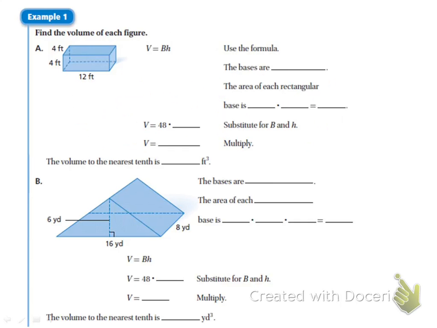Okay, number 1, find the volume of each figure. Use the formula. Dylan, can you tell me what the polygon is for A? A rectangle, which means it's a rectangular prism. Excellent. So we're going to use the formula. The bases are rectangles. So we're going to look at the base.